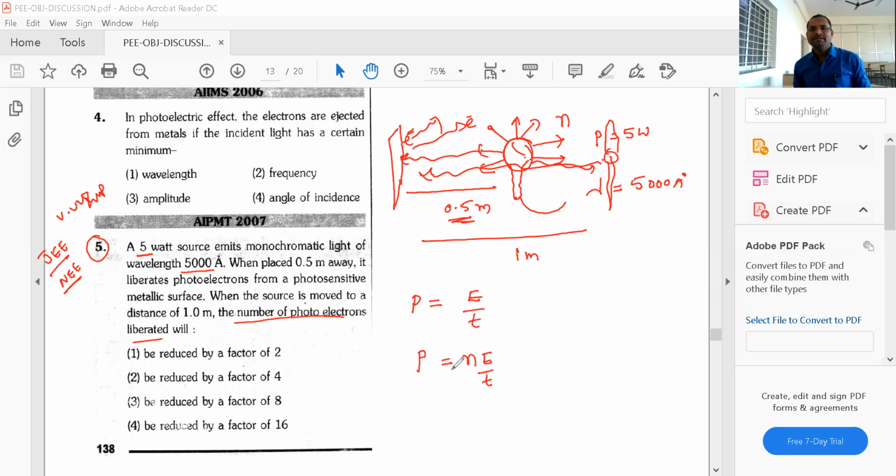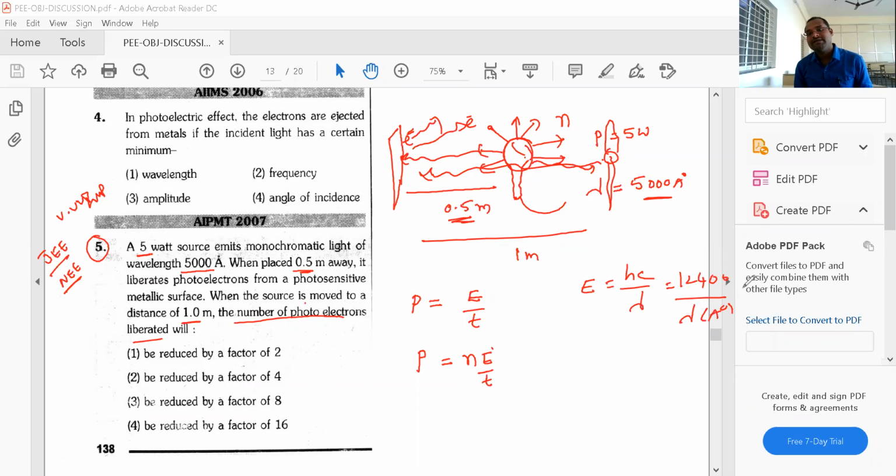Now they are giving the distances, 0.5 meters and 1 meter. If they ask for the energy, we know E is equal to hc by lambda. Lambda is given, so we can write 12,400 upon lambda in angstrom.